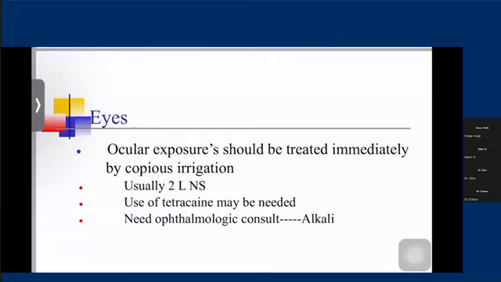And when to stop irrigation: in an ideal setup, we check the conjunctival pH, and we usually stop if the pH is less than 7.5.